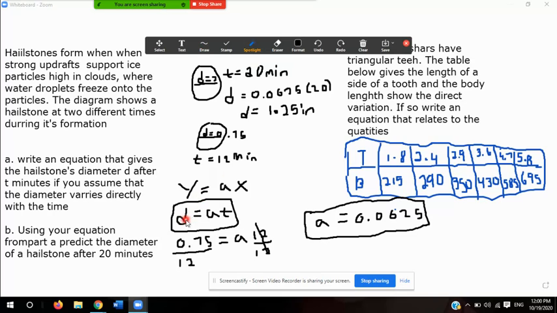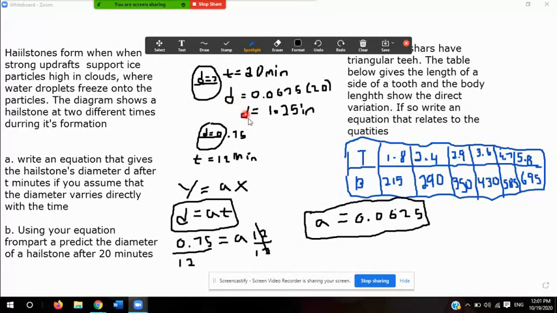We plug in the 0.75 for the d, and we plug in the 12 for the t, and then we divide by 12 on both sides, and that equals 0.0625. I'm trying to find the diameter at 20 minutes, but I don't have a constant of variation. So I use the information here to find my constant of variation.